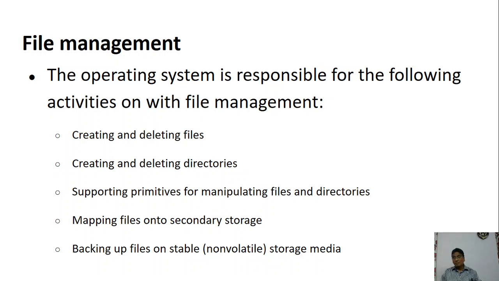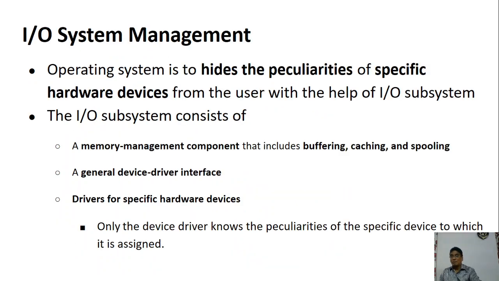You can map the files onto secondary storage, and if you want, you can even back up into a different place, so that in case of some catastrophic event, like your hard disk failing, you can retrieve it from the backup.